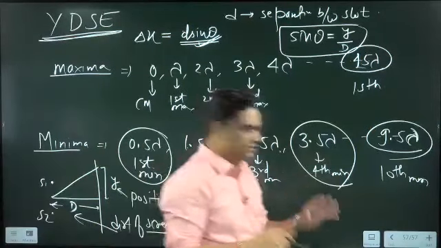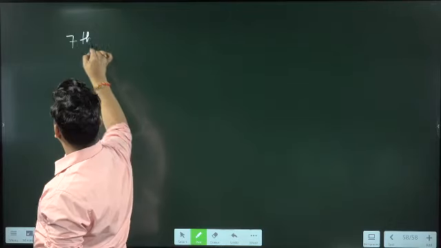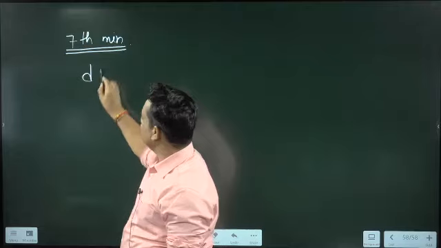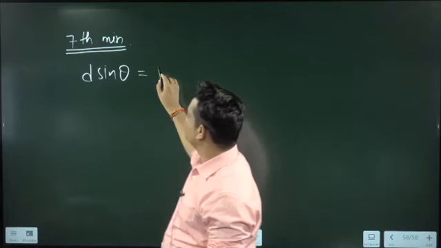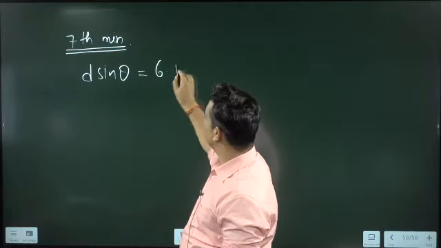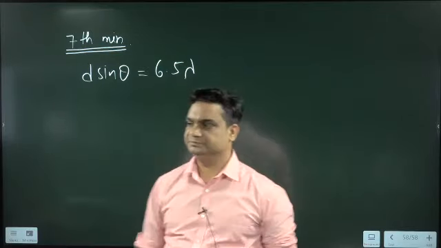So if I ask what will be the position for the 7th minima, directly you have to write d sine theta equal to how much? Not 7, but 6.5 lambda.